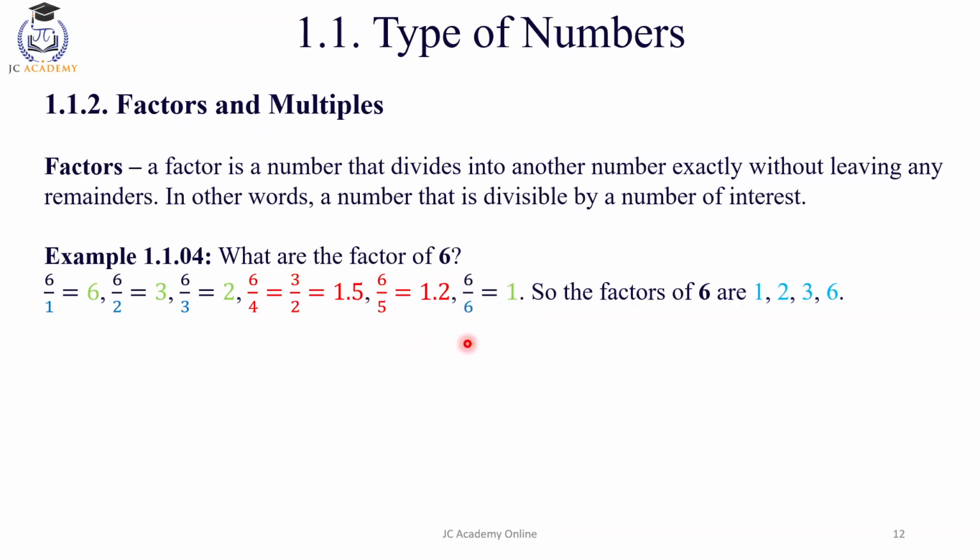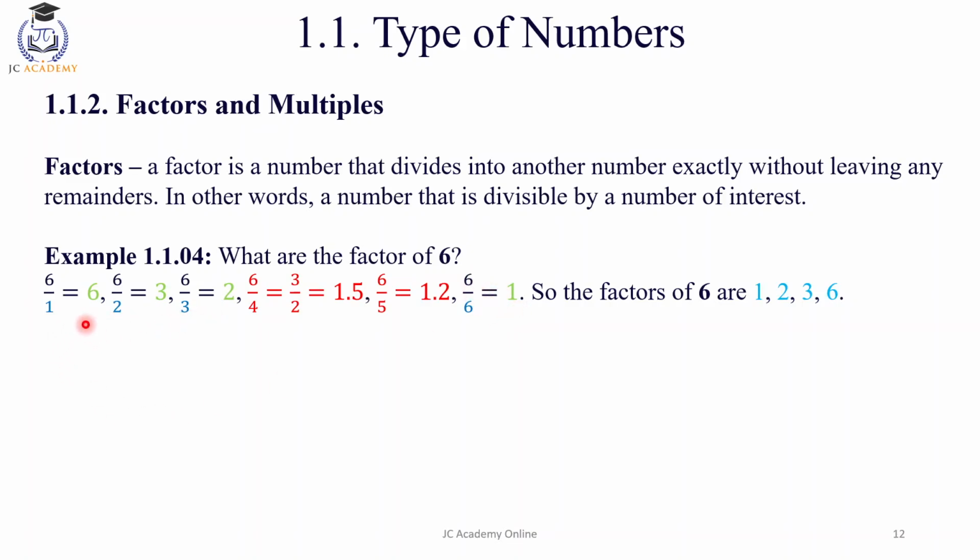Okay, so now looking at these answers, we only take the whole number, the number that does not leave any remainders. So notice here 6, 3, 2, and 6 divided by 6 is just 1.